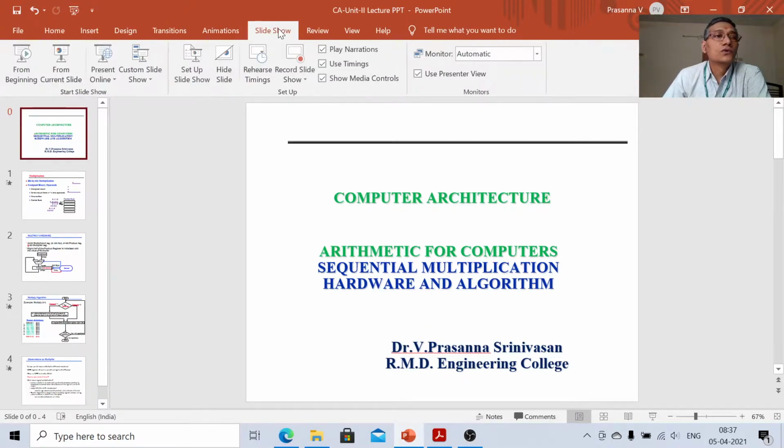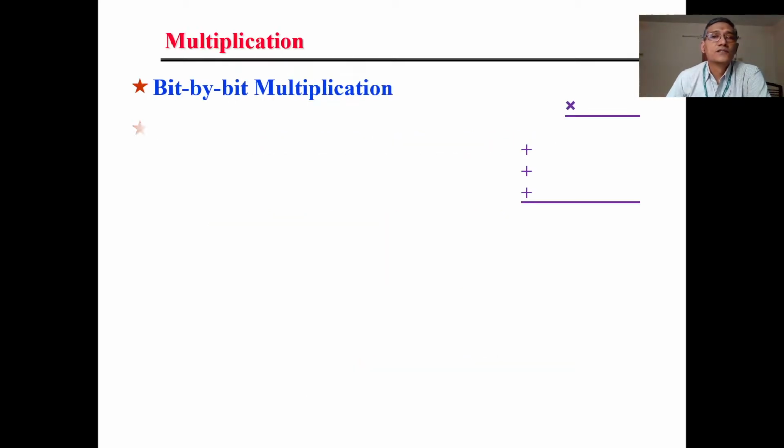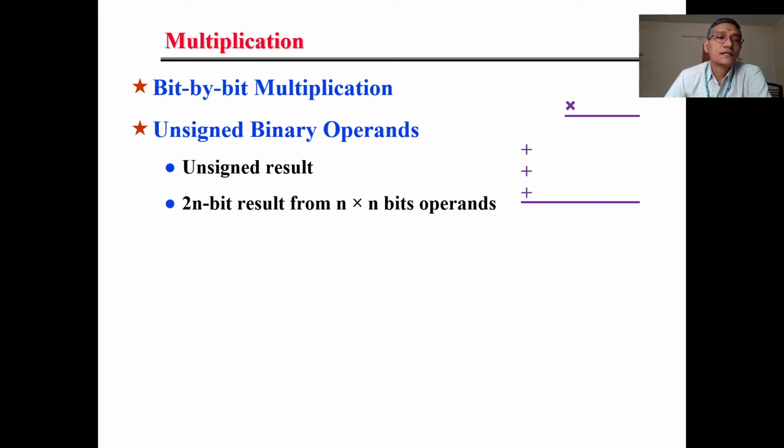So let's move on to the basic principle. We know that binary multiplication is usually done by bit multiplication, and here we will concentrate on unsigned binary operands, that is, both numbers are positive, in the sequential multiplication version.